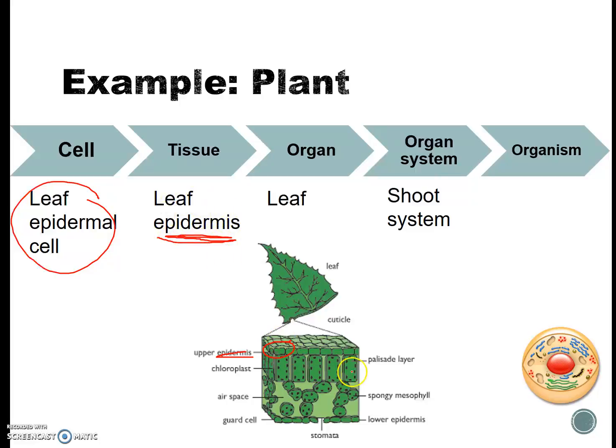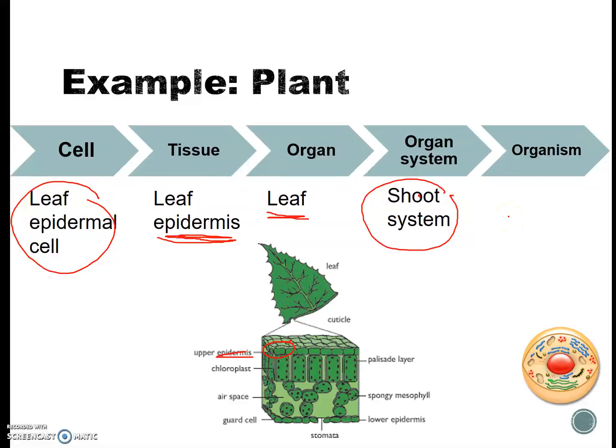The epidermis together with other types of tissue like your palisade layer, spongy layer, and your xylem, which is not in this diagram, all these tissues together form your organ, the leaf. And the leaf together with many other leaves and other organs forms the shoot system. And this shoot system together with the root system forms your organism, the plant.